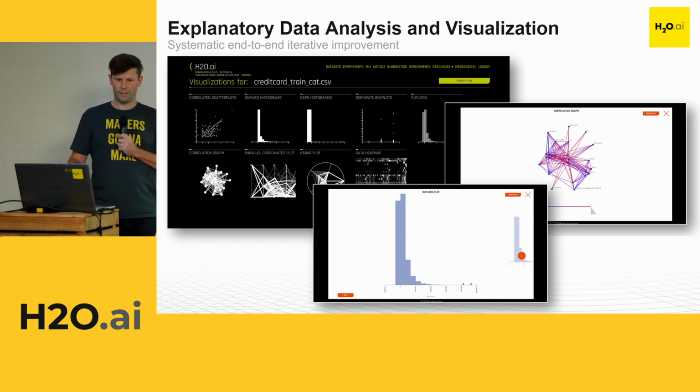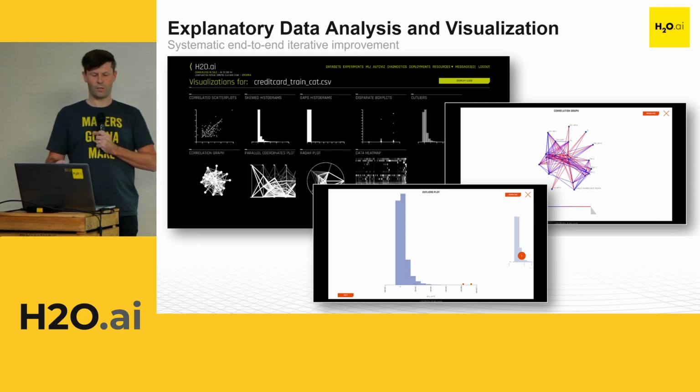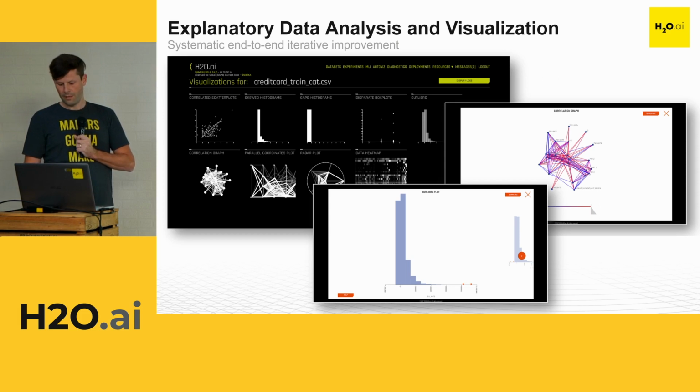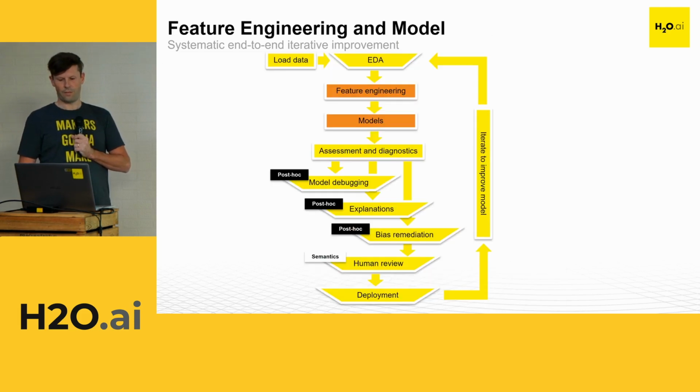And apart from that, there is a tool called AutoVis, which analyzes the data and can find problems in the dataset. So you can find out whether there are problems related to the distribution, whether there are outliers, whether there are some problems with correlation or leaks and similar things.